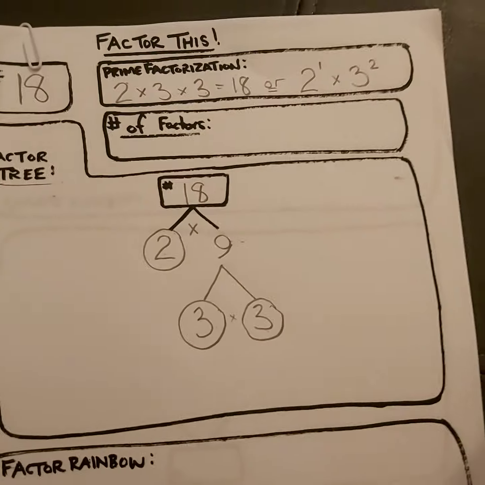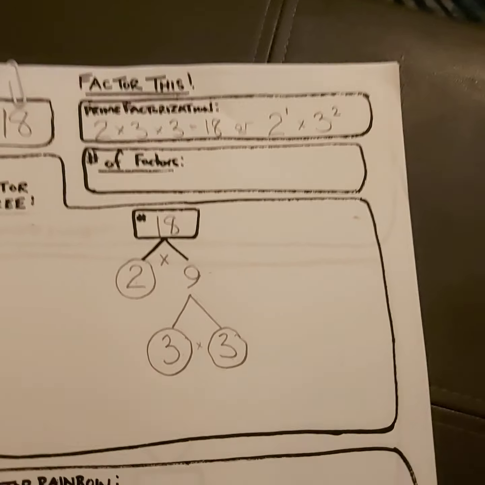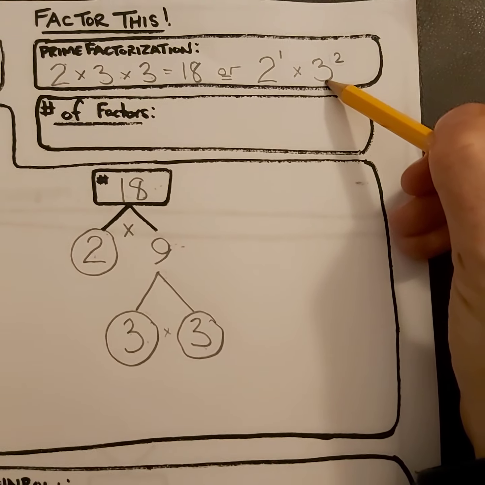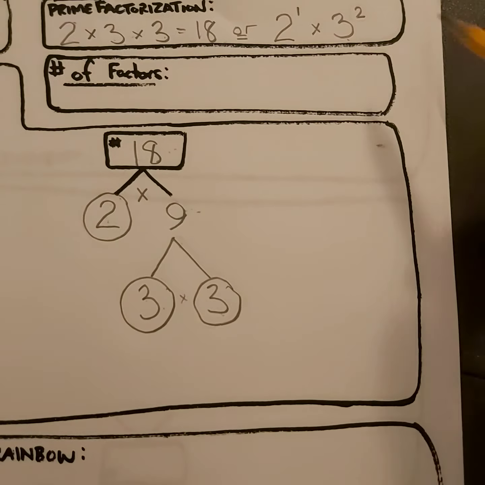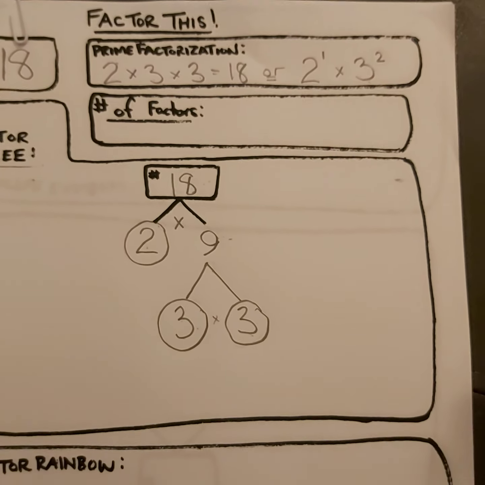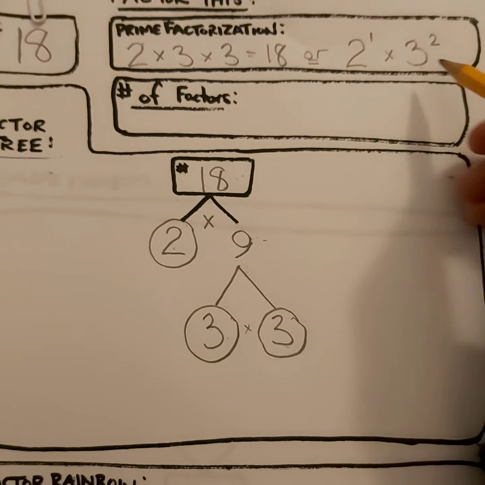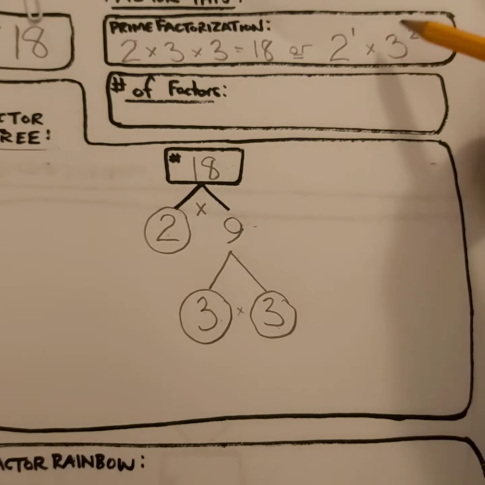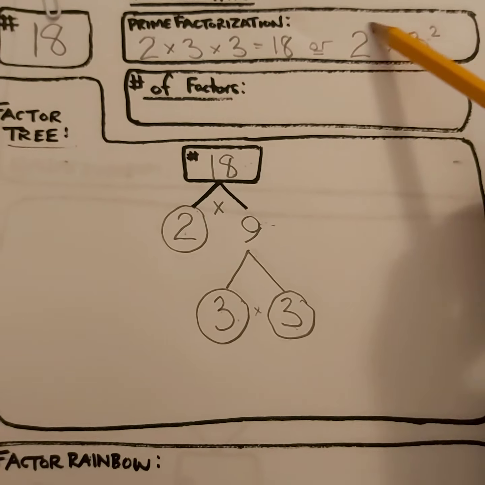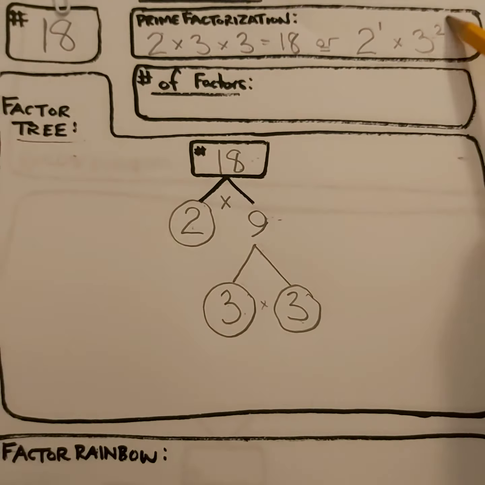Okay, because there are 2 3's, I'm going to use an exponent of 2 to represent the 3. And that's it. Okay, 3 to the power of 2 is the same as saying 3 times 3, which is 9 times 2 is 18. So this here is exactly the same as this, except it's using powers and exponents.